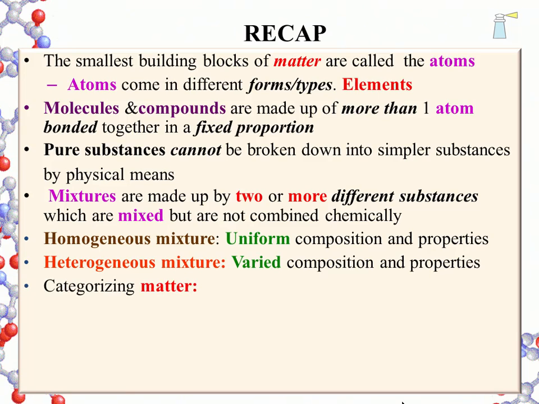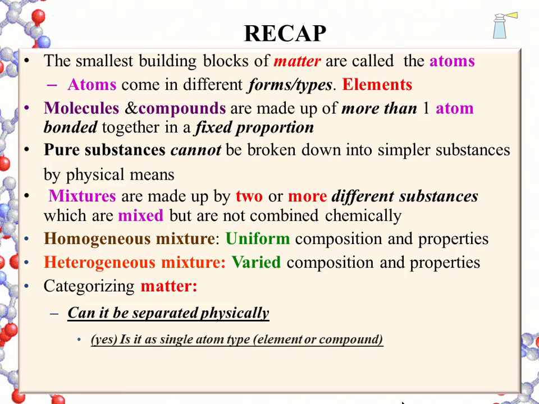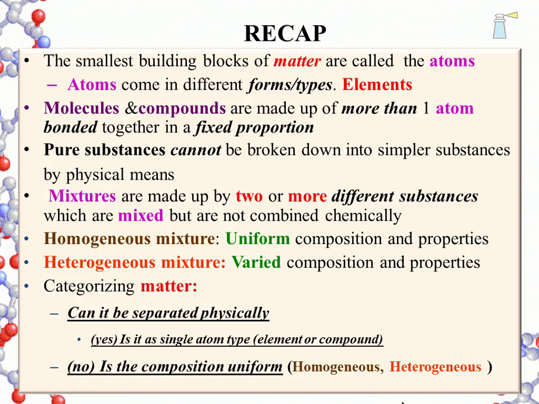We developed a tree that helps us categorize matter. The first question we ask is, can it be separated physically? If the answer is yes, we ask, is it a single atom type? That gets us element or compound. If the answer to the first question is no, we ask, is the composition uniform?